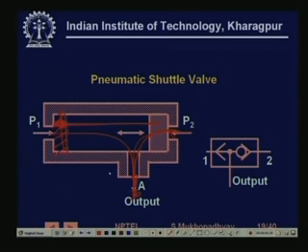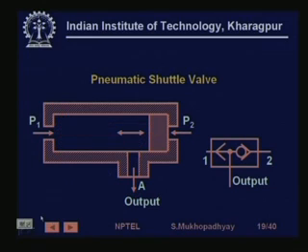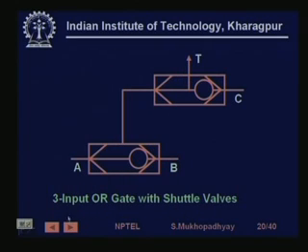So here is the OR logic, where even if you apply one of the pressures, then you are going to get the air flowing into the system. This is just an example which shows that by cascading these shuttle valves you can have a 3 input OR gate also.